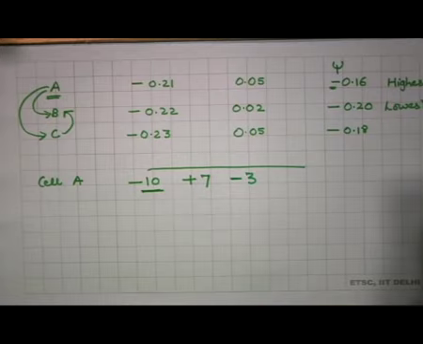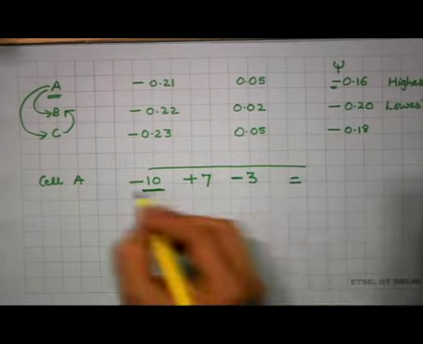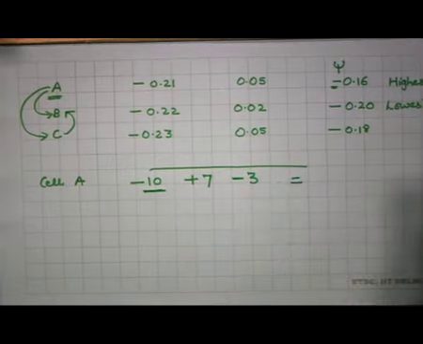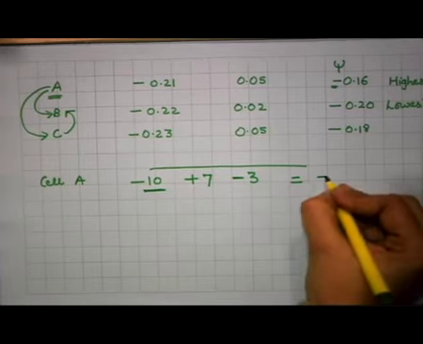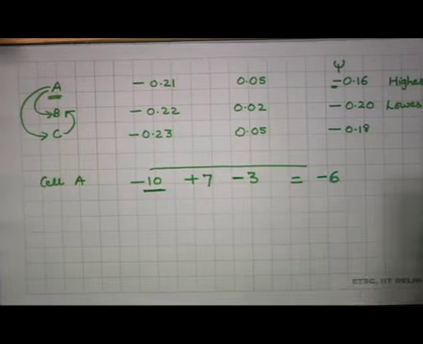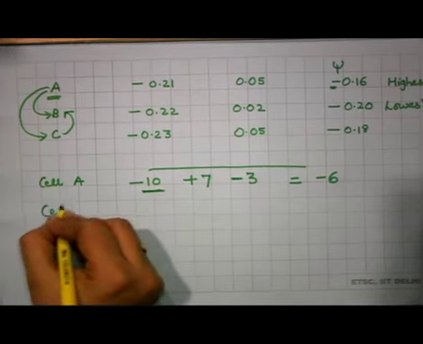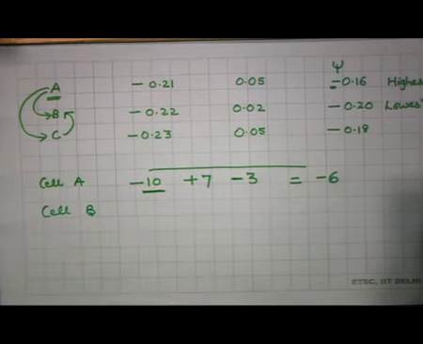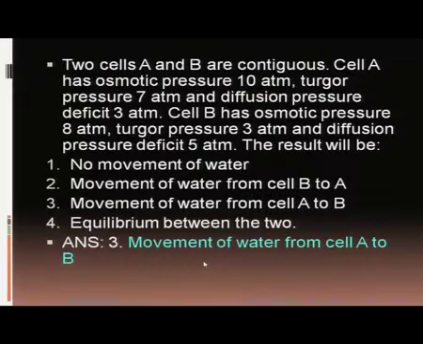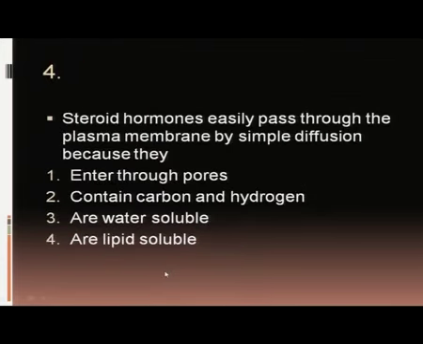So, when we add all these, we get minus 6. Similarly you will calculate for cell B also, and you will see that the movement is from A to B. A has higher water potential and B has lower water potential. So, the movement is from A to B.